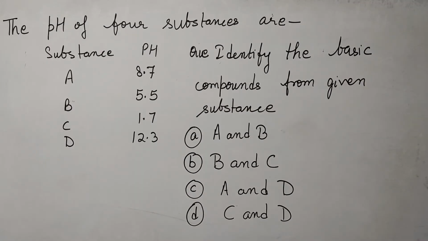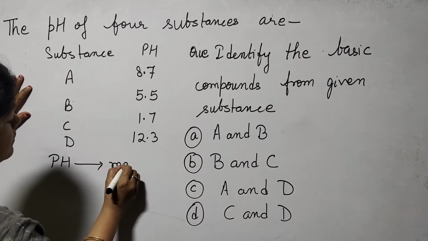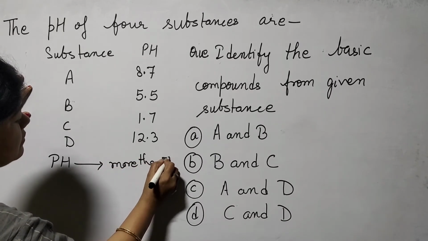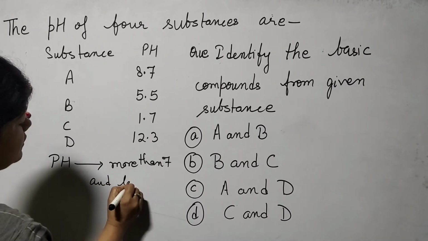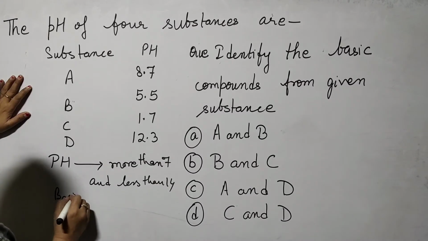The pH of the 4 substances are given below. pH of A is 8.7, B is 5.5, C is 1.7 and D is 12.3. Identify the basic compounds from the given substances. That means which compounds are basic compounds. One thing I want to explain to you, the substances which have pH value more than 7 and less than 14 are the basic compounds.